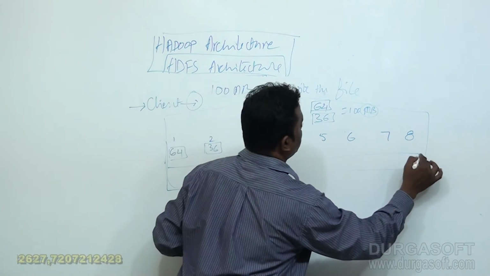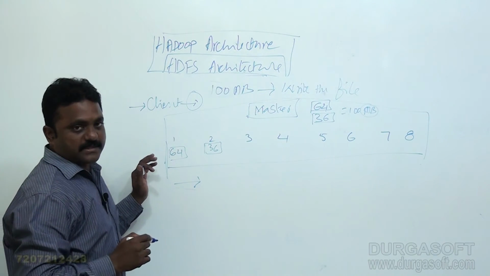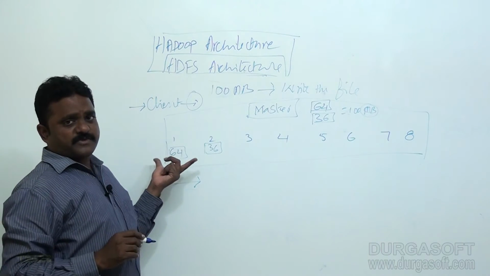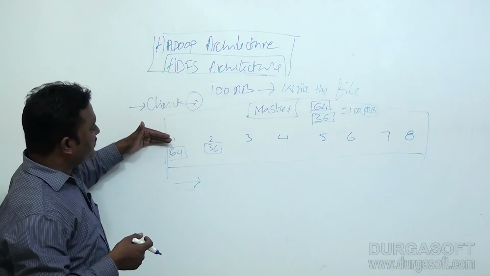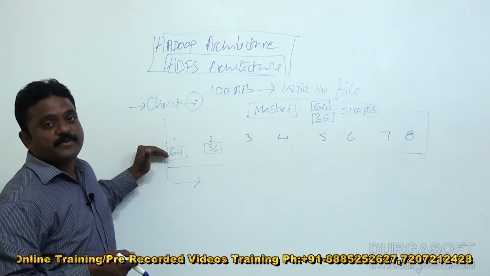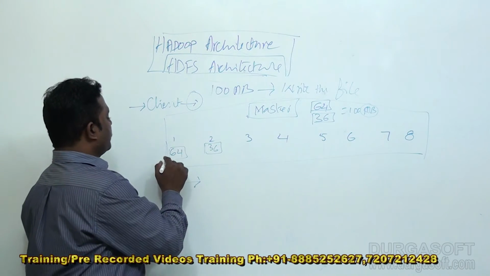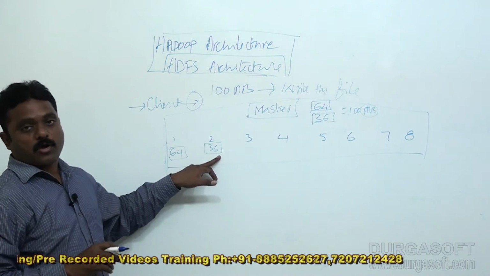This is very important, guys. Remember, we are writing the data onto the cluster. My first machine is the first not because of its number, but because of the distance, the proximity between the client and the node. So the first would take block 1 and the second would take block 2.